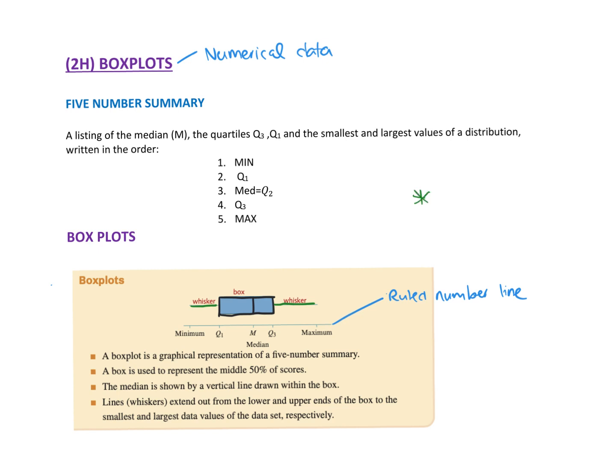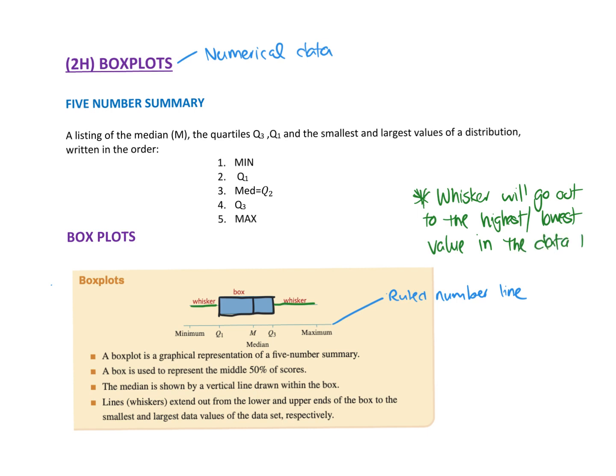So you better make a note of that: the whisker will go out to the highest or lowest value, depending on which whisker, in the data that is not an outlier. Because if it is an outlier, how is that represented on a box plot?